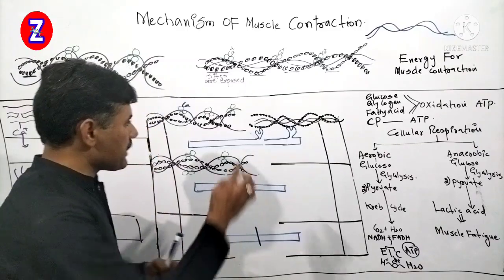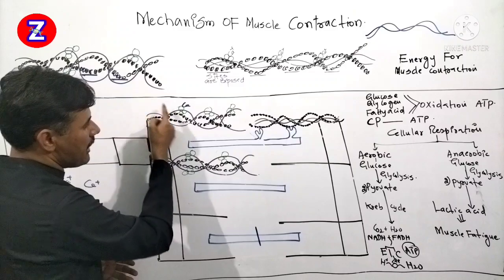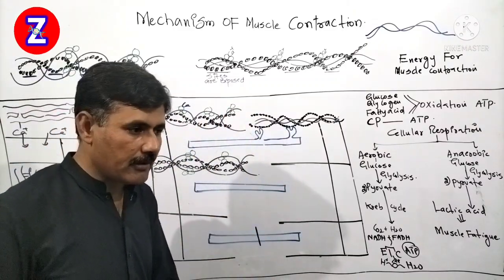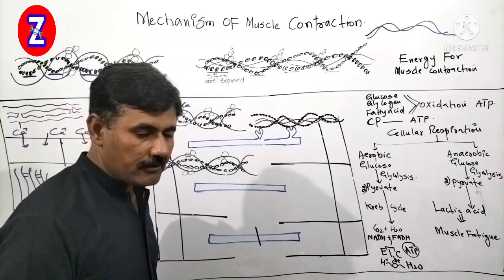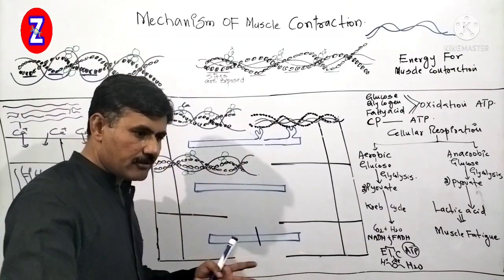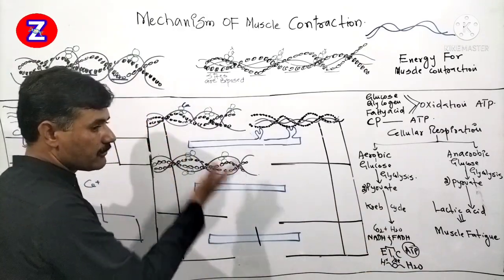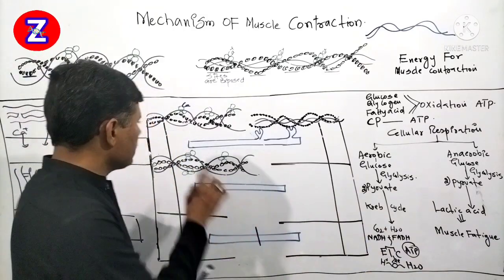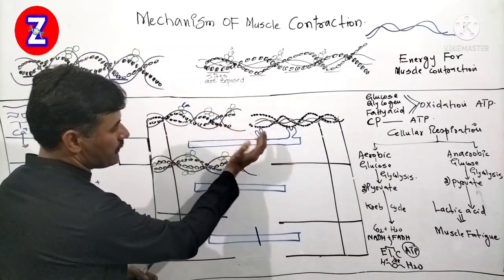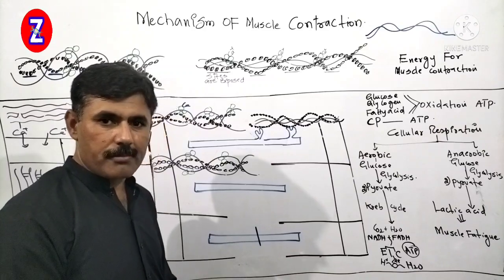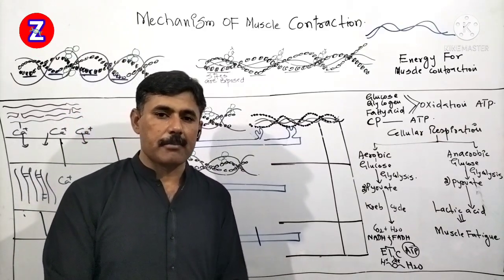Troponin is present at different intervals on the spiral helix-like filament called tropomyosin. And tropomyosin is a helix-like arrangement present on the actin, which hides the specific sites of actin where myosin heads can get attached. Therefore, tropomyosin is a muscle inhibitor filament.